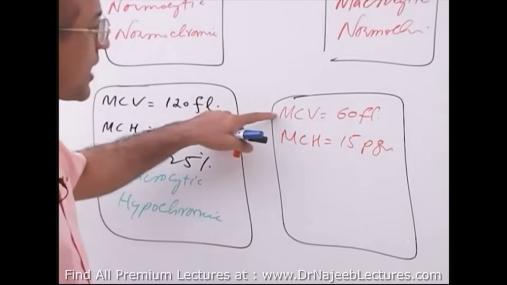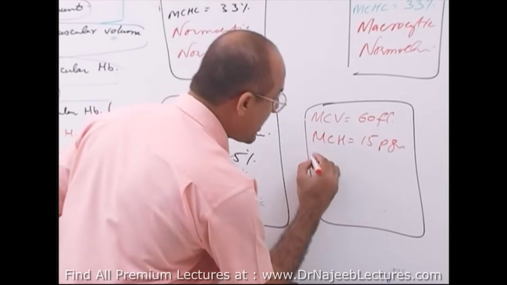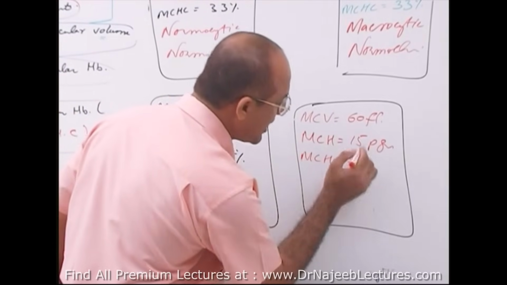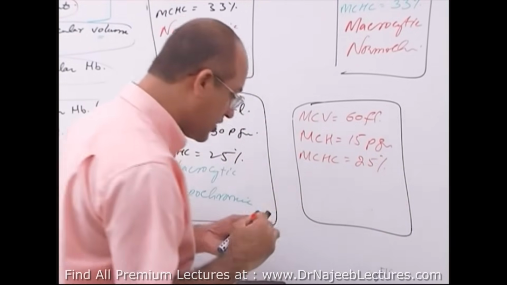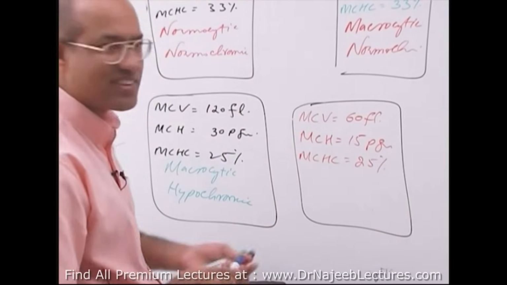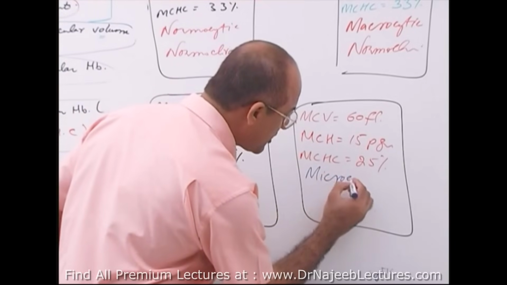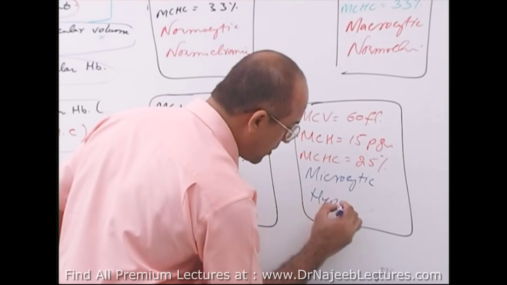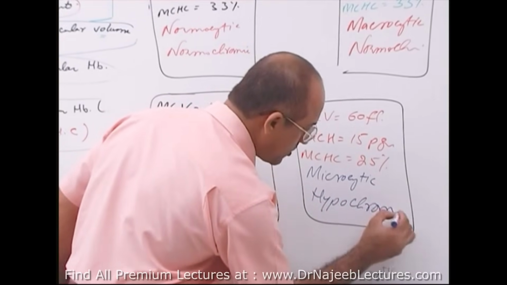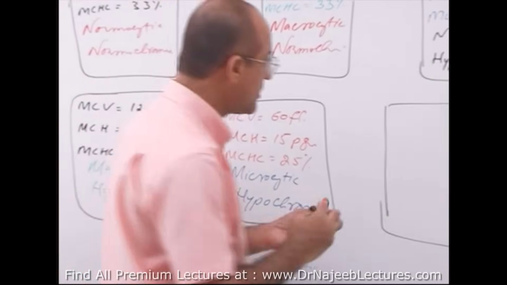It is a small RBC with a small amount of hemoglobin. But what is the ratio? MCHC, what is that? 25%. So what is your final judgment by combining this information? This patient has microcytosis, a microcytic hypochromic situation. Hypochromic. Is that right?